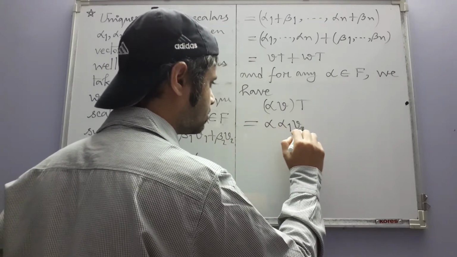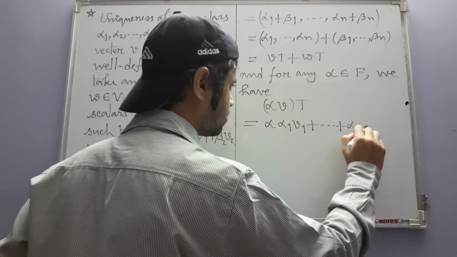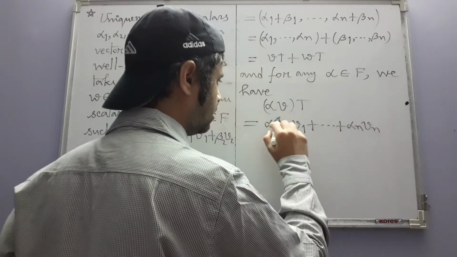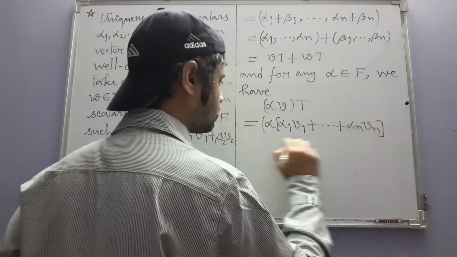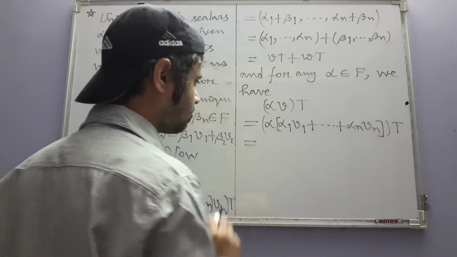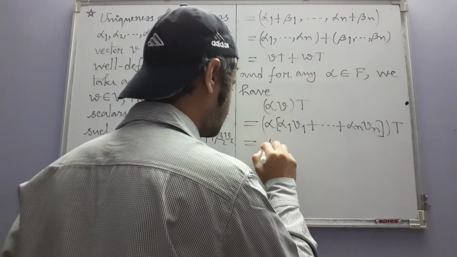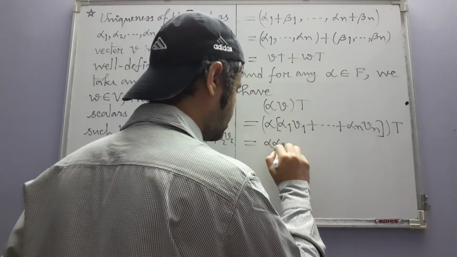Alpha 1 v1 plus alpha 2 v2, like that up to alpha n vn. Again, using the several vector space axioms, we can write this entire thing like this.